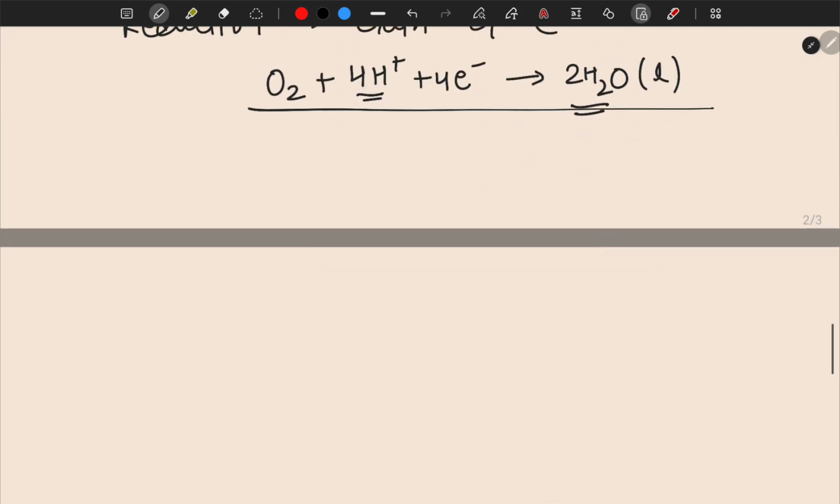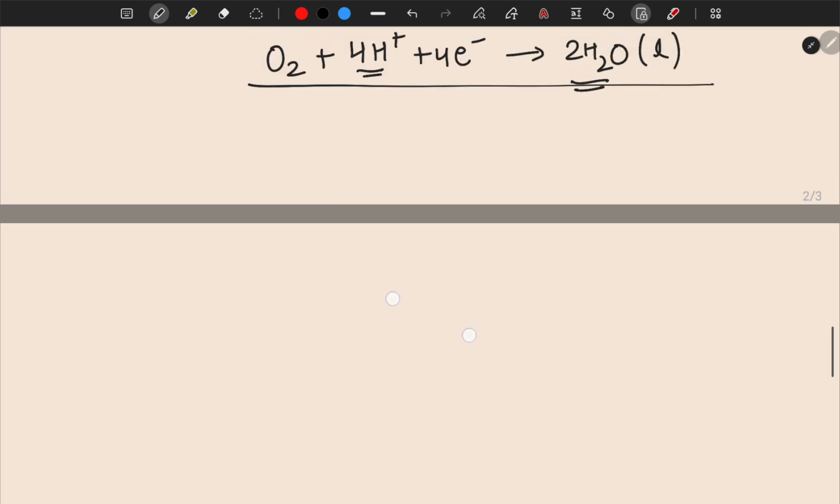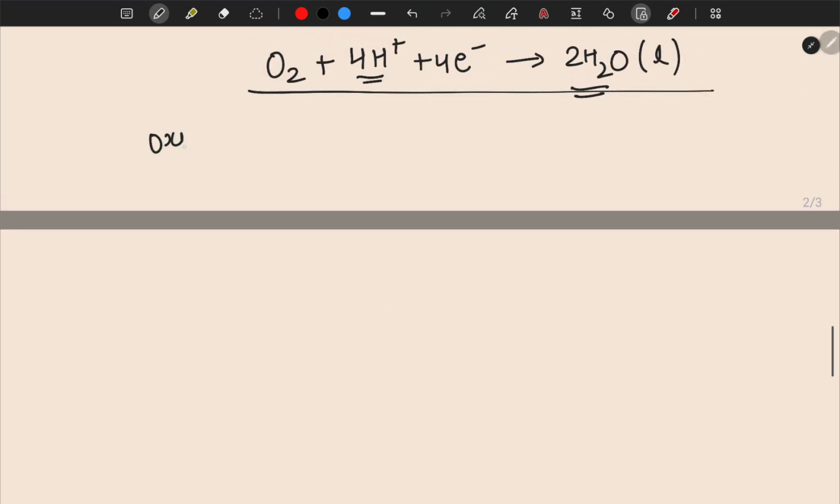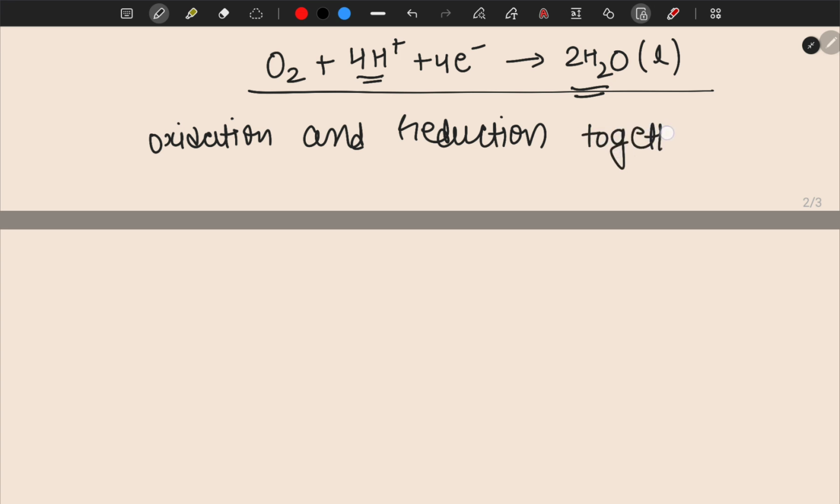So whenever you have oxidation and reduction reaction, they will always be together, always.